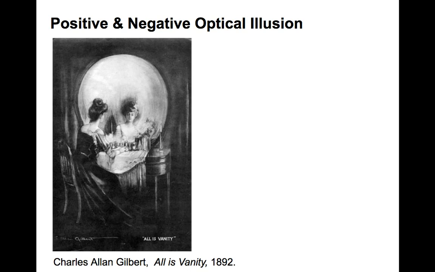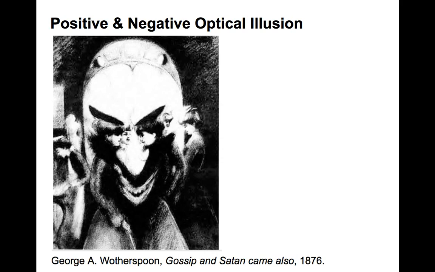And you can see the skull with a lady looking in the mirror. Another play with positive and negative space by George Witherspoon from 1876. It's a very old example called Gossip and Satan Come Also. You can see an image of what I believe to be Satan, and also multiple people talking to each other.